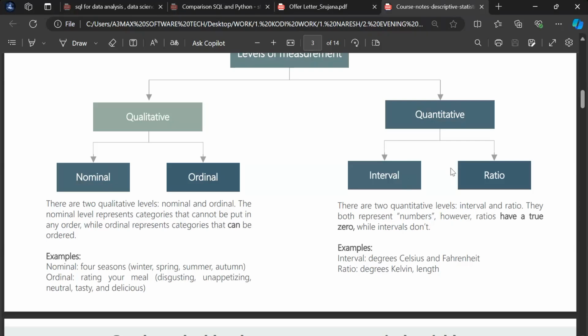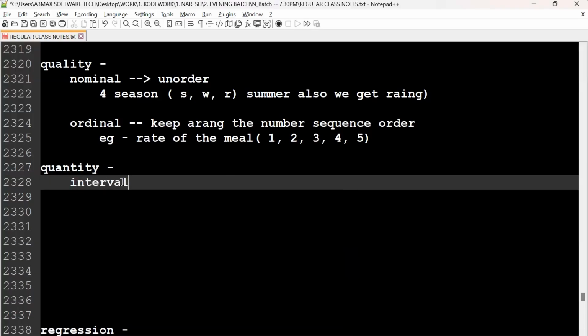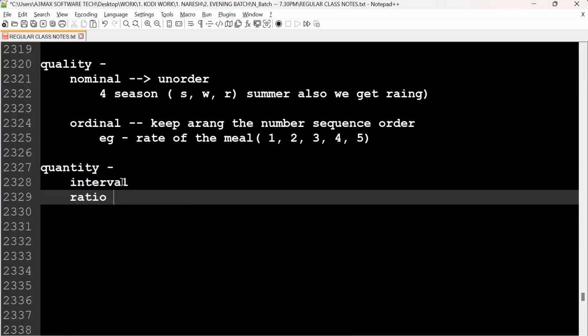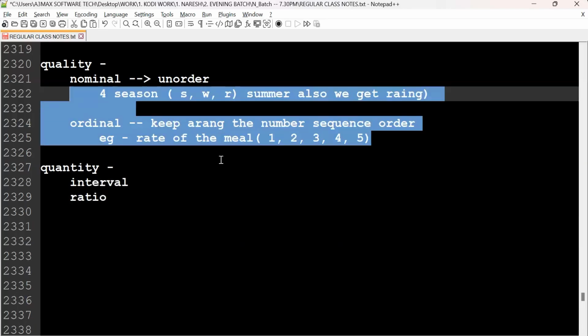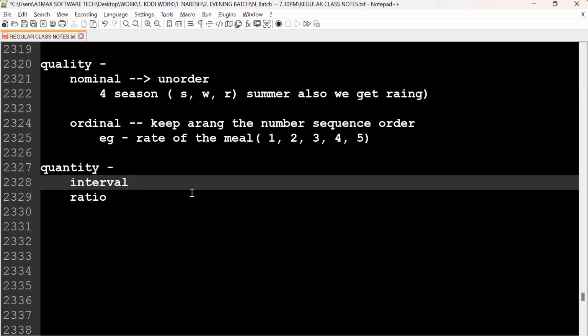So quantitative. What is quantitative data? Interval and ratio. Very powerful. In the entire statistics journey, I will use lots of examples, guys. Using examples, the concept should be clear, or else it never becomes clear. Now, interval. What is interval?